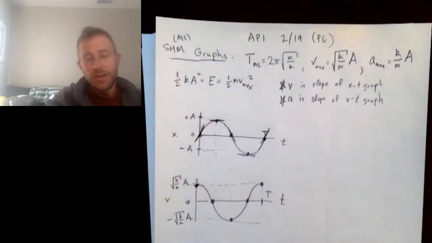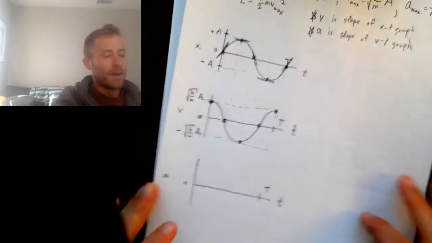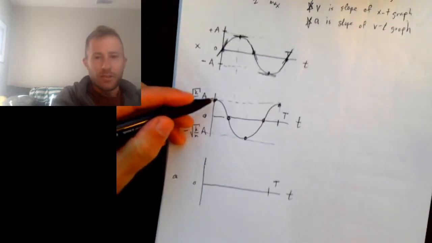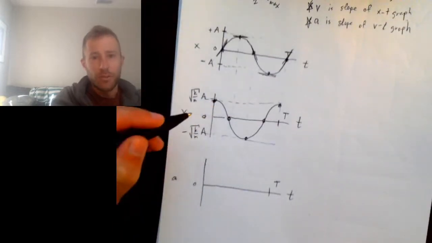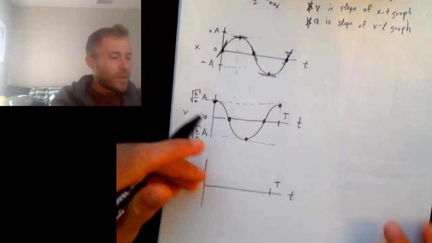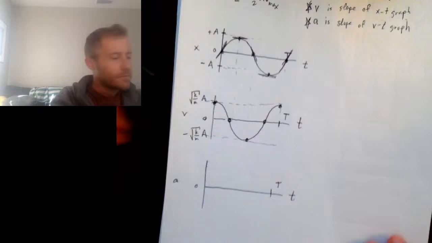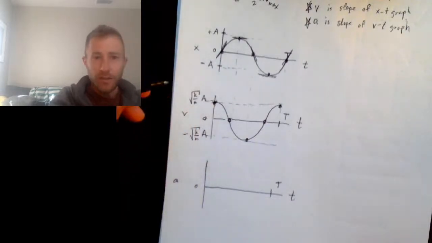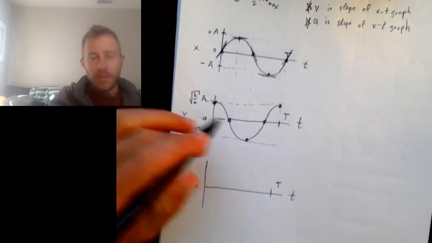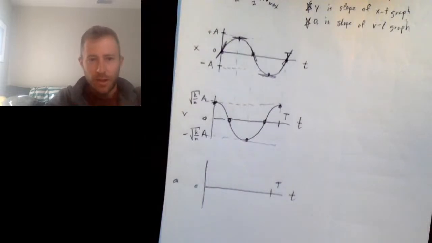So I'm going to do the exact same thing, only this time I have the velocity graph that I'm looking at the slope of. Okay? So again, I have 5 points marked, and I'm going to look at the sign of the slope. Not the value of the slope, just the sign.